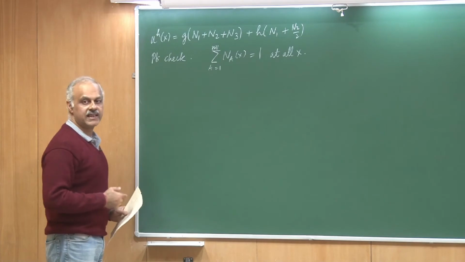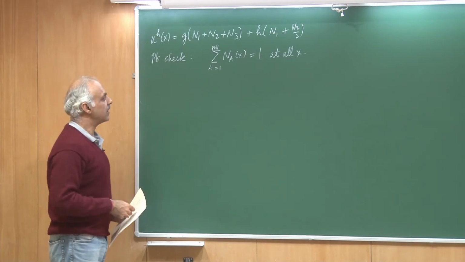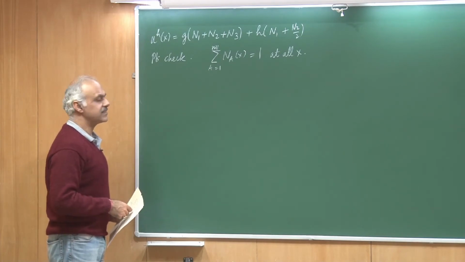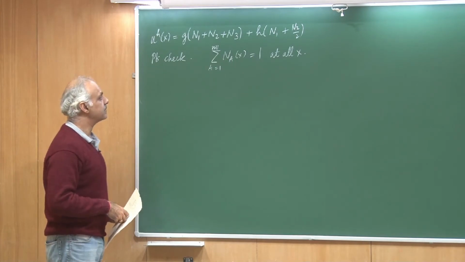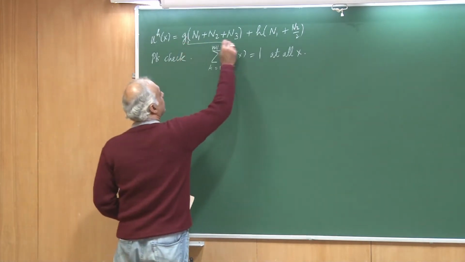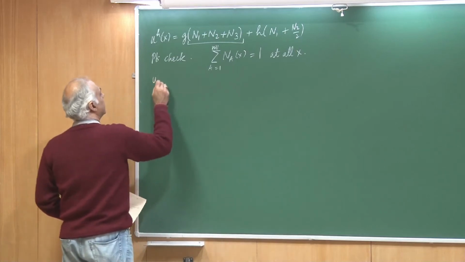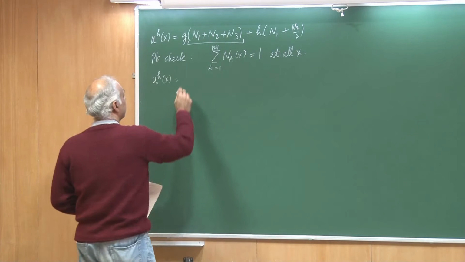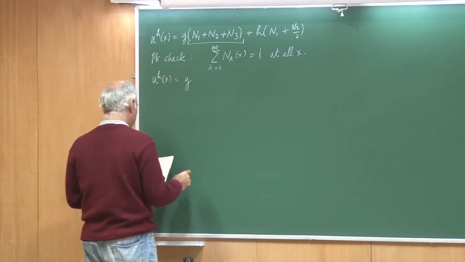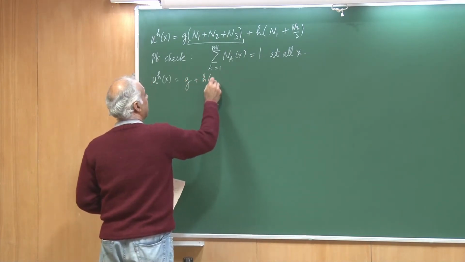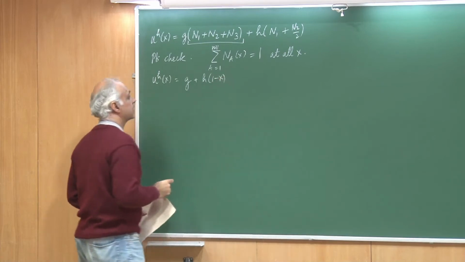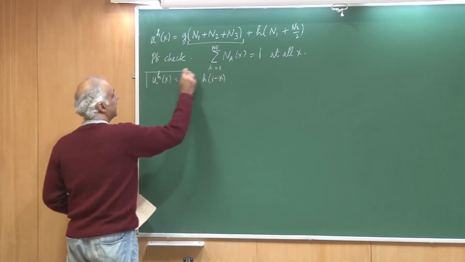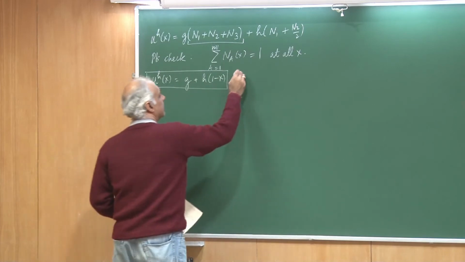You can manually check it, but I will show you that this holds for all the general shape functions that we design. So this quantity then becomes 1, and UH of x, you can check, will turn out to be g plus h times 1 minus x. And this is the same as the exact solution.